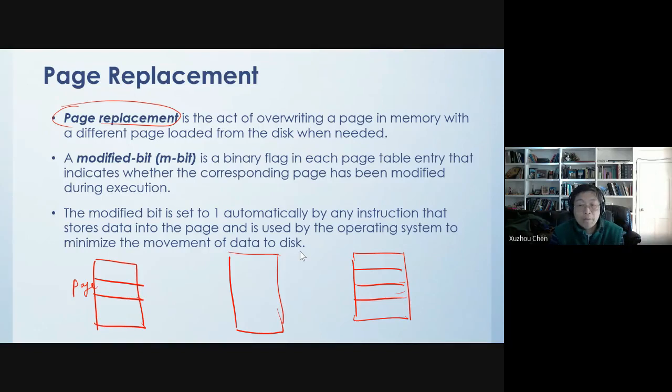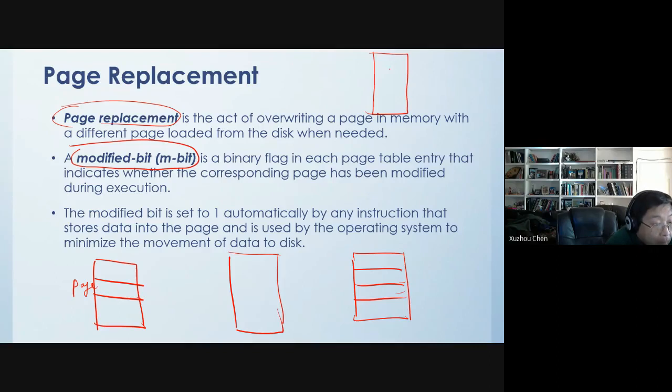you need to carefully design the operating system to make the page replacement a very smooth one. Okay. Now there are a couple of things you need to think about during page replacement. Suppose here's the physical memory.